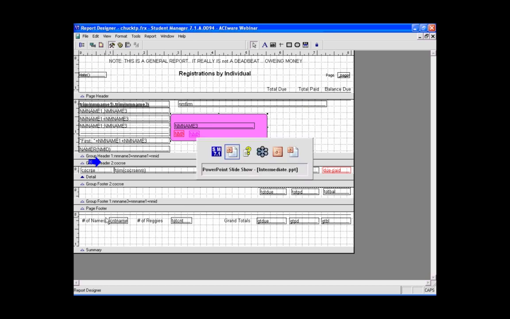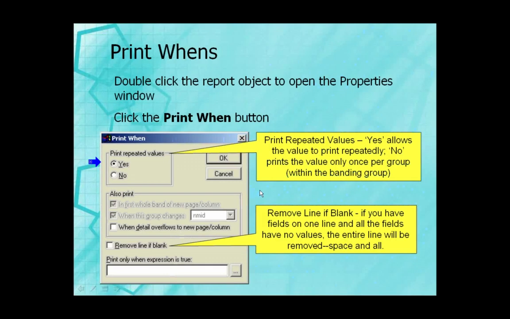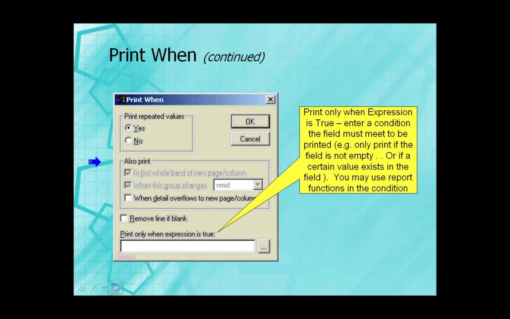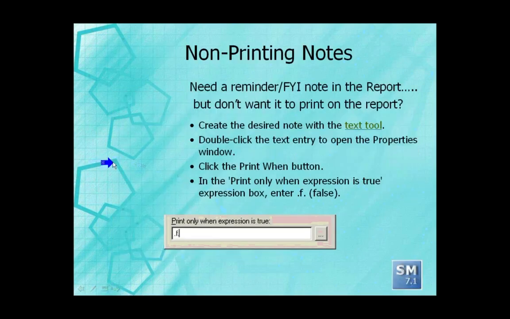All right, let's go back to the slideshow. So we've talked about remove line if blank, and again, I don't have an example. That would be more for when we're doing mailing labels, but when you're doing multi-line reports, that's useful. Print when, we've covered that. Non-printing note, we've already done that. Report banding.